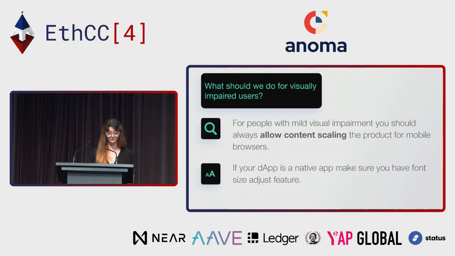And what can we do for visually impaired users? Well, first of all, we can make sure that we make our content scalable for mobile devices. And also, if your DApp is native, make sure you have font size adjust features. For our blind users, we should totally allow and provide alt text, because the only way they are interacting with our dApps and our products is through a screen reader.